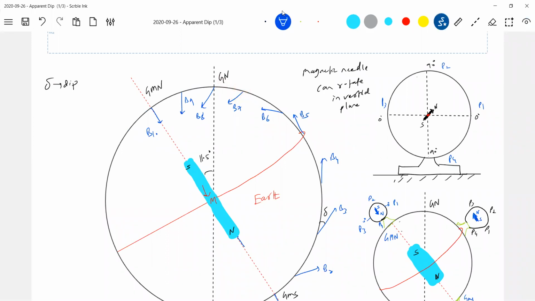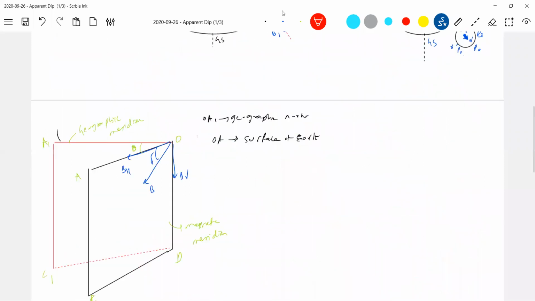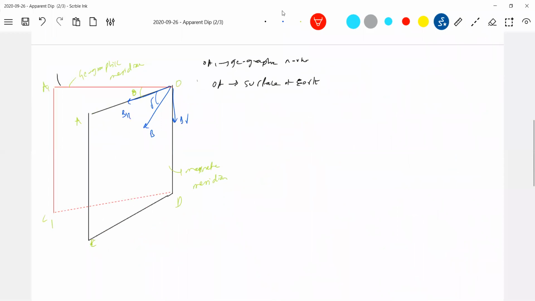So you can also write here, this is the dip. In one of the diagrams, I'll write it. This will be the dip at P2, this is the dip at P3. So the diagram is somewhere between the geographic north and the magnetic equator.